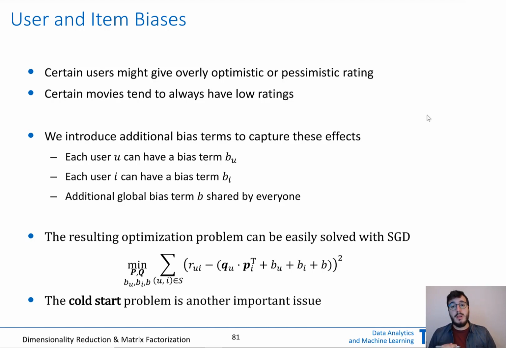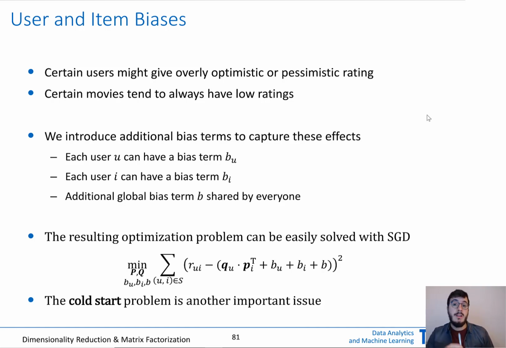Okay, one more thing I want to mention is the so-called cold start problem. Imagine I have built a recommendation system and it works pretty well. What happens now if a new movie comes into my system?